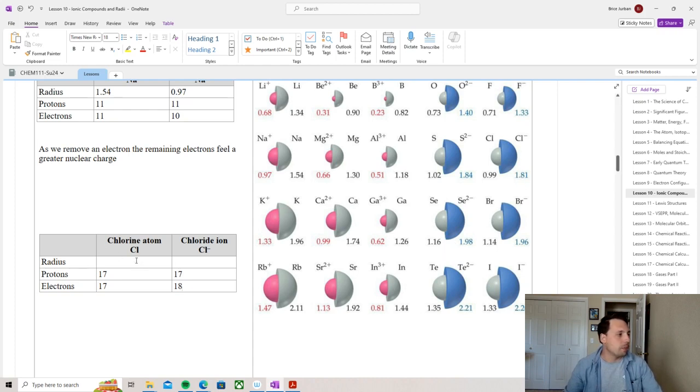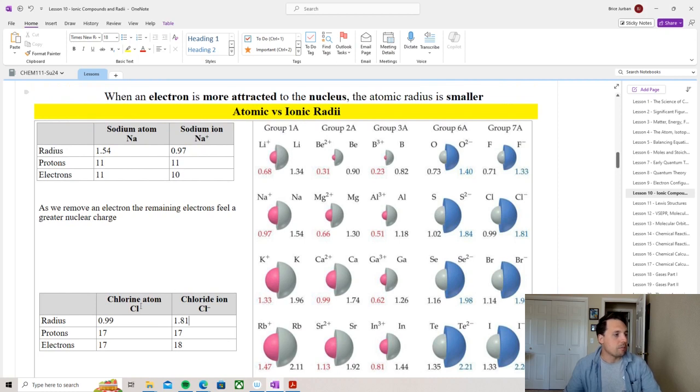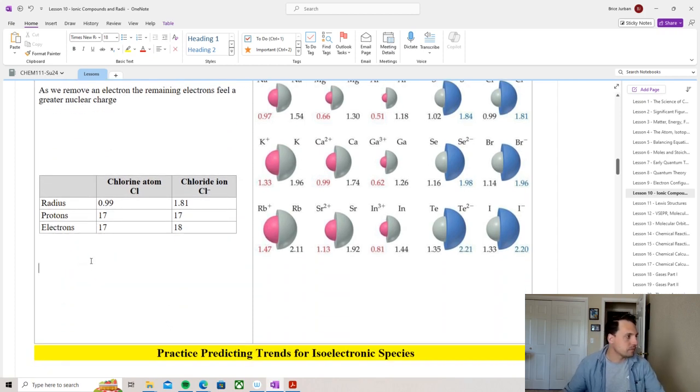So it starts off being approximately 1 angstrom, and then it almost doubles in its radius. It goes to 1.81 angstroms. So the increase in the radius of an anion tends to be greater than the decrease in the radius of a cation.